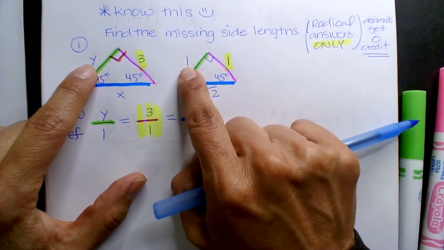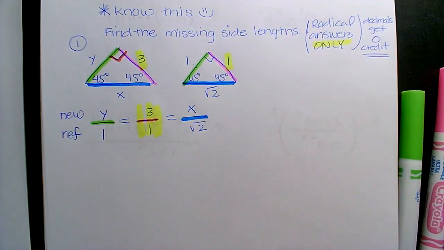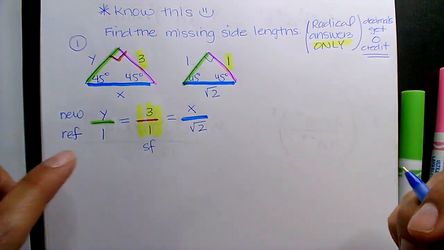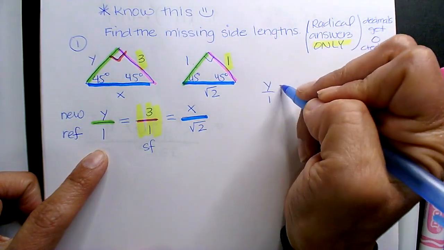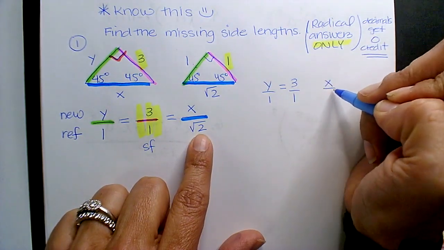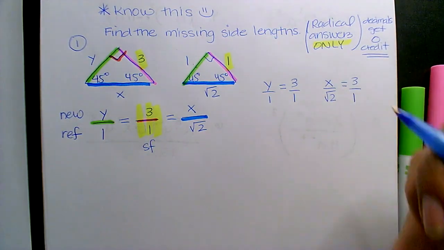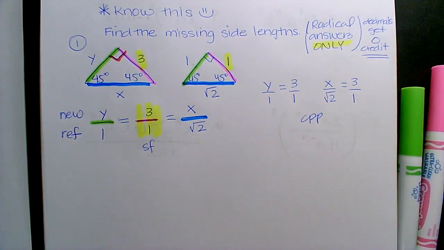This is variable number, number, number, that wins. This is your scale factor. So if I want to solve for y, y/1 is equal to 3/1, and if I want to solve for x, x over rad 2 is equal to 3/1. And all you do then is a cross product property and you solve.